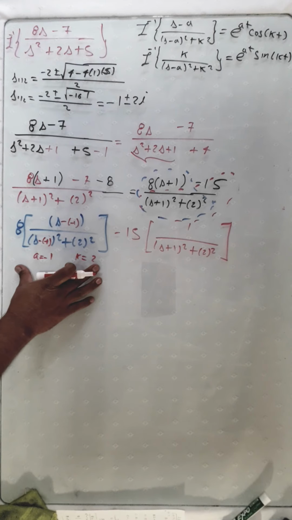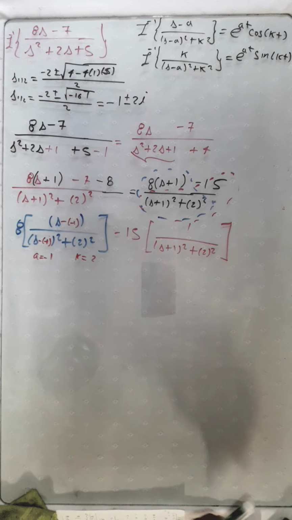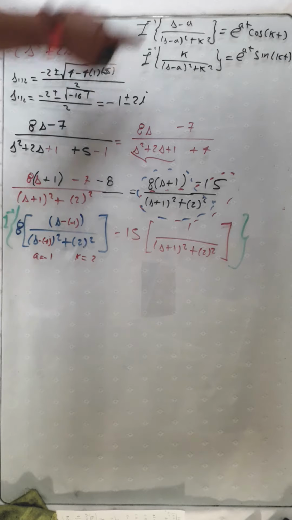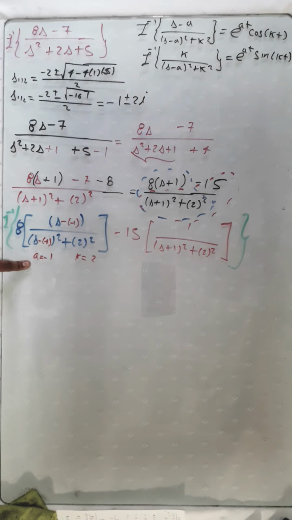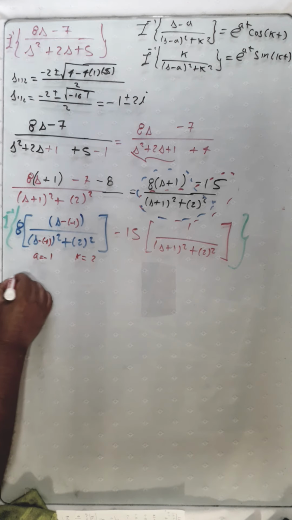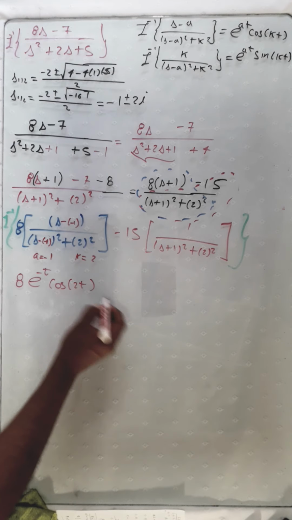So if we apply the Laplace inverse, which is what they are asking, of all these, and we apply this formula, the value of a is minus 1 and k is 2. So the Laplace inverse of this is going to be 8 exponential of minus t cosine of 2t.